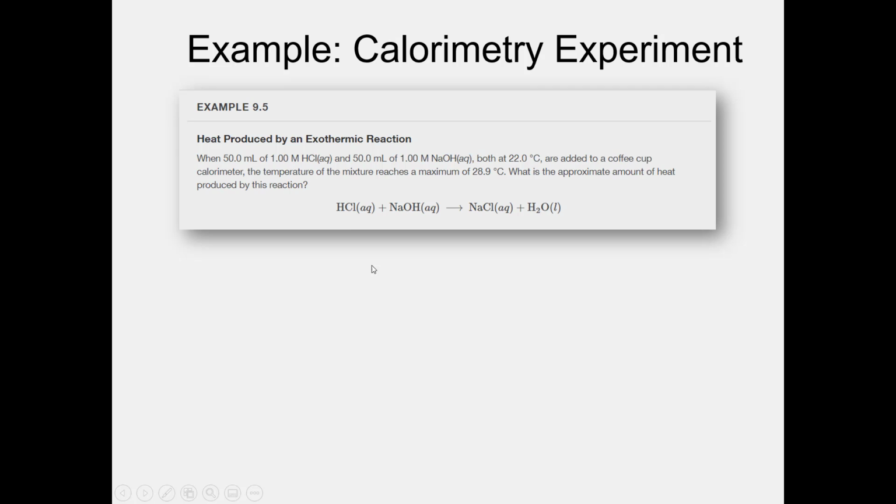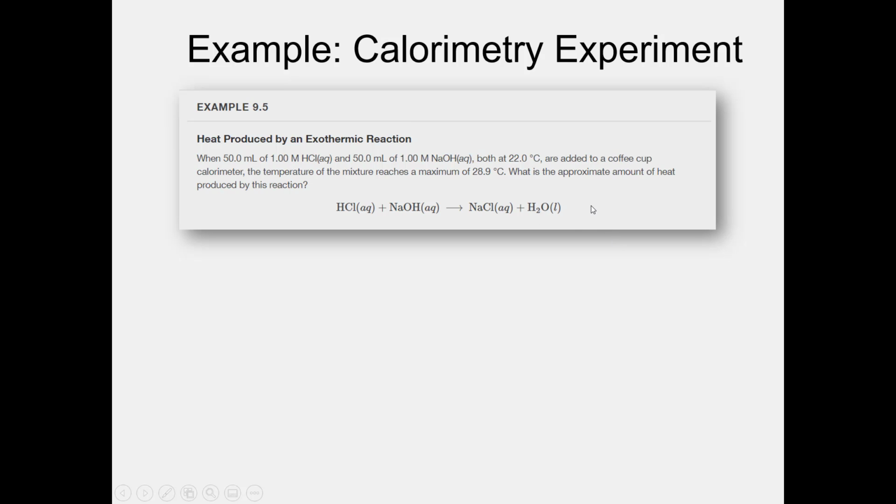The chemical reaction is 1 mole of hydrochloric acid, aqueous, reacts with 1 mole of sodium hydroxide, aqueous, to make a mole of sodium chloride dissolved in water and 1 mole of liquid water. This reaction produces heat, so it's an exothermic reaction, and it raises the temperature of the water in which the chemical reaction is taking place.